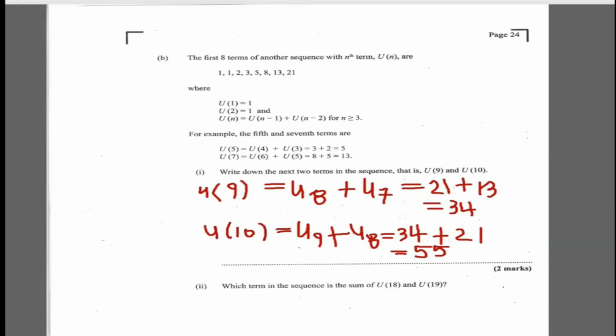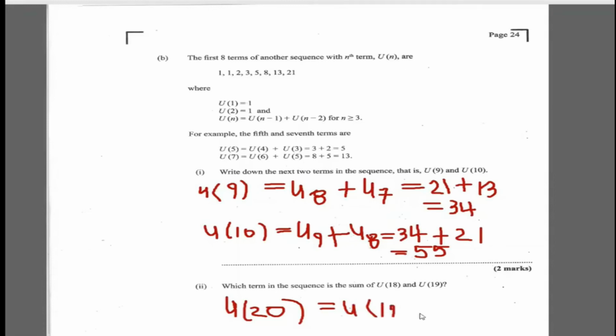Then the next question they ask us is, which term in the sequence is the sum of U18 and U19? Well, that's just U20. This is the 20th term. So U20 is equal to U19 plus U18.